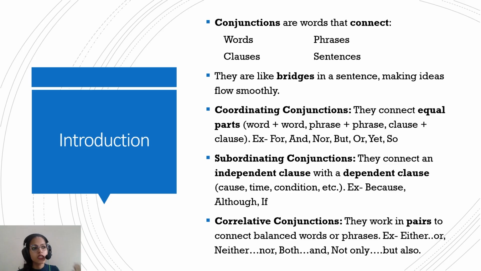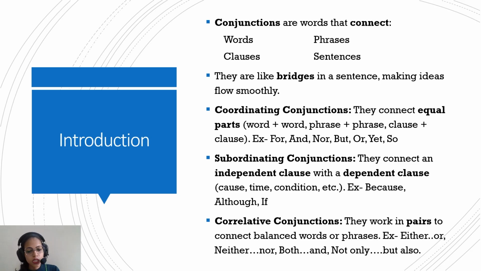When we say "I did this because I had to do this", one is an independent clause, "I did this", and one is a dependent clause after "because", "I had to do this". The dependent clause is dependent on the independent clause. So they join two unequal clauses, dependent and independent. So "because", "although", "if" are the examples.